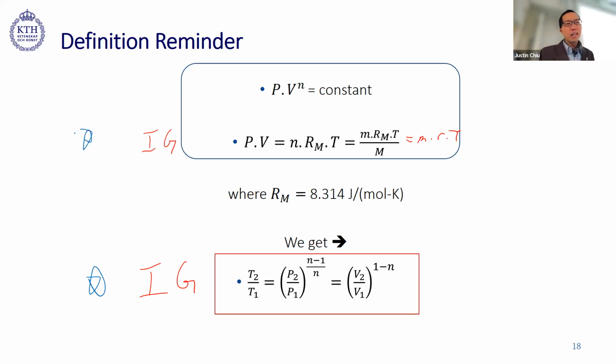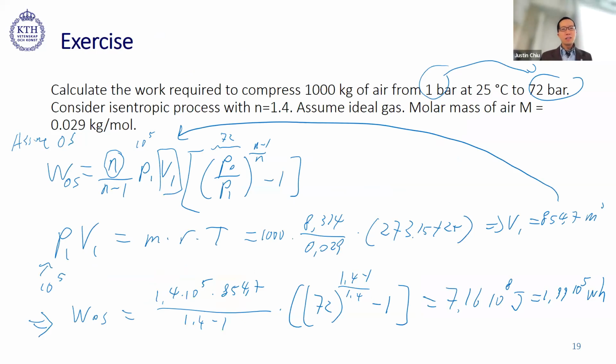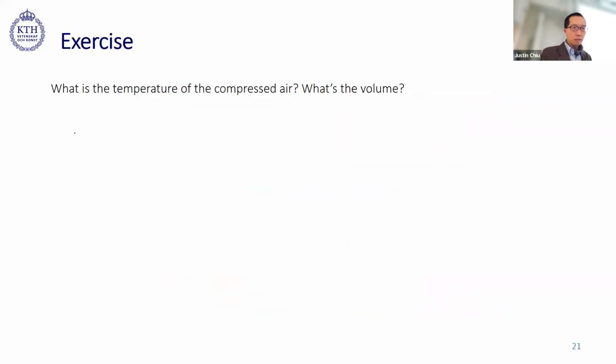So either this or that would give you the temperature. But maybe we can just use both. Let's do both. So T1 over T2 equals the pressure ratio, right? So this is what we had earlier.